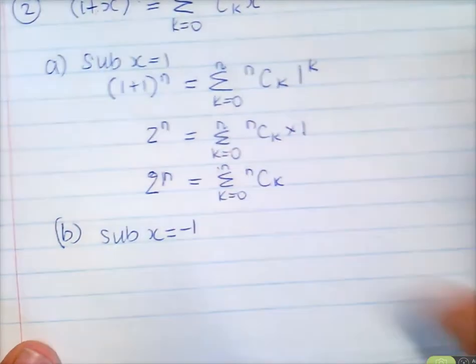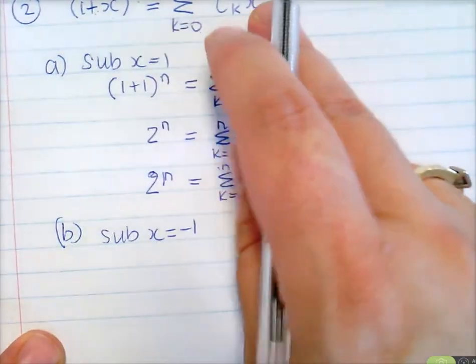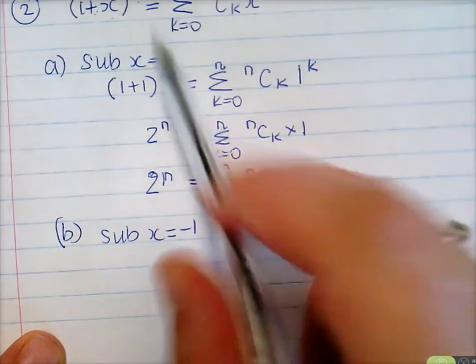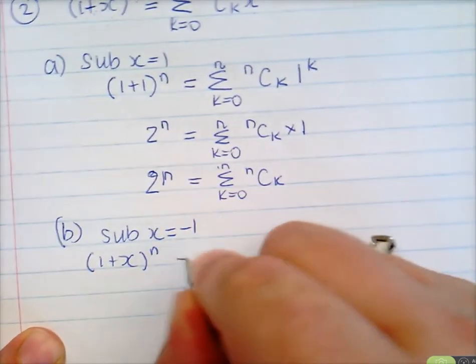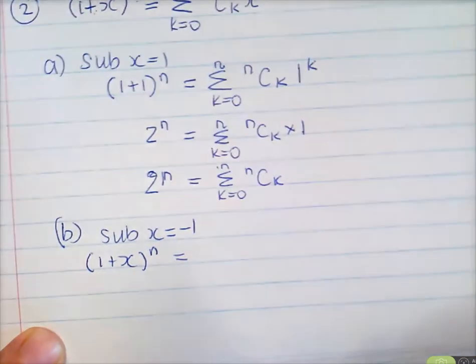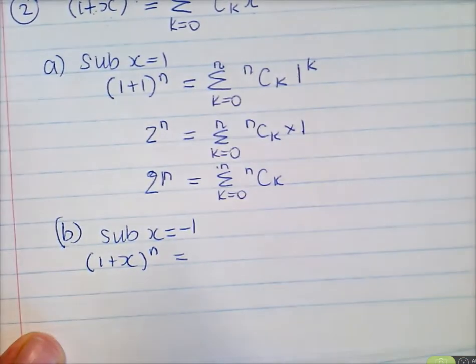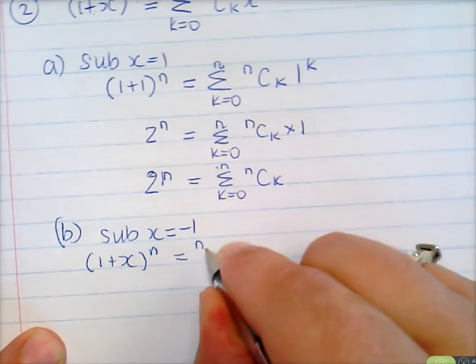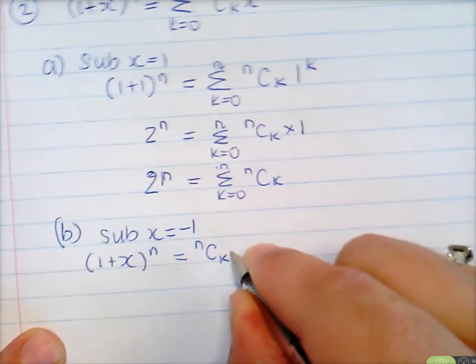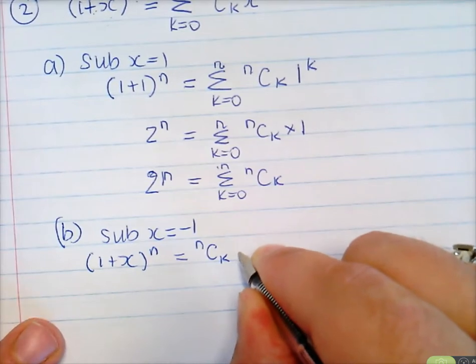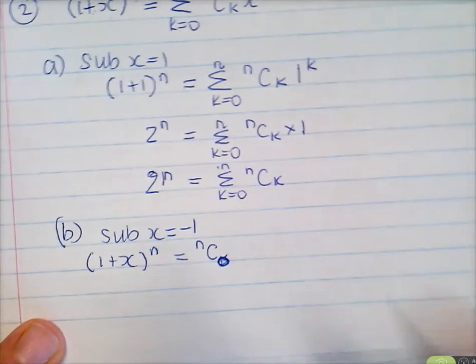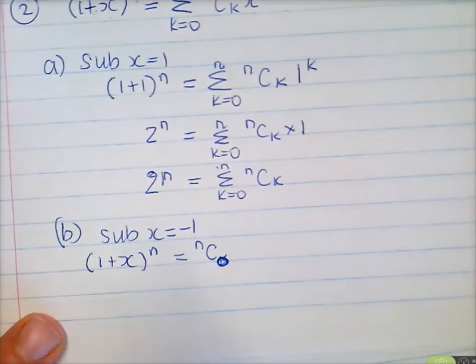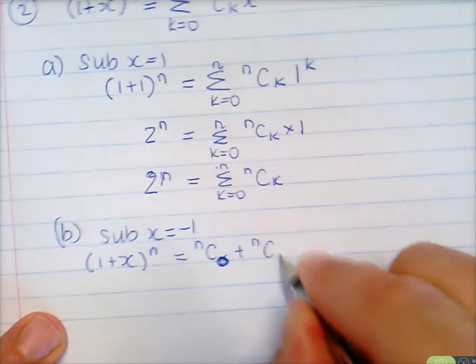So what you need to do, I'd be writing this expansion out properly. You can't do it just like that. So you need to write out the expansion properly. So 1 plus x to the n, instead of writing is the sum of, can we start writing out some terms? What's the first term? nCk, 1 to the k, we don't need. nC0, thank you. nC0, 1 to the n, x to the 0, plus nC1.